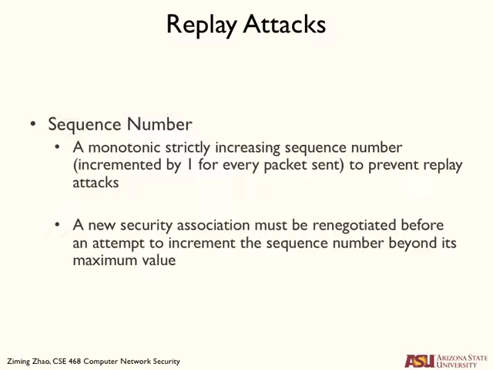In IPSec, it's not only new keys but also a new index, and that is called the security association. So if they negotiate a new security association, it means they are changing the keys. Even if a previous packet was captured, later communications use a new key. So this can defeat the replay attack.